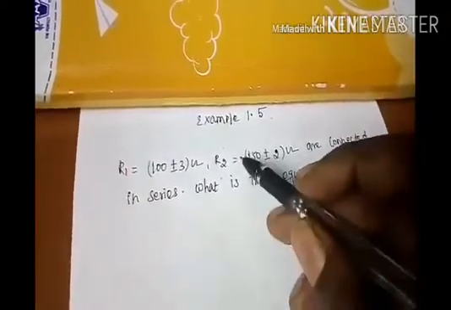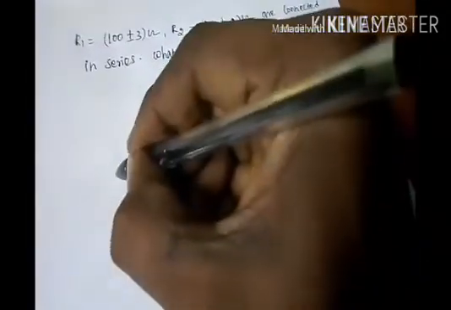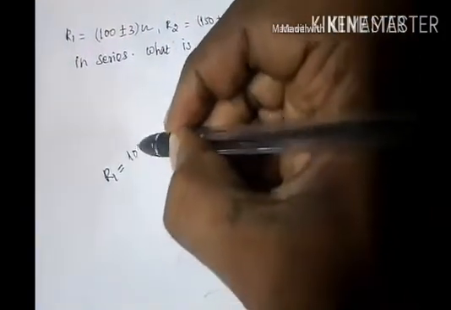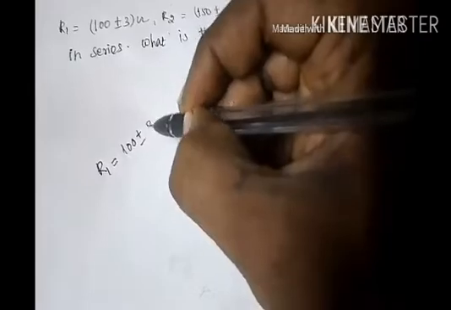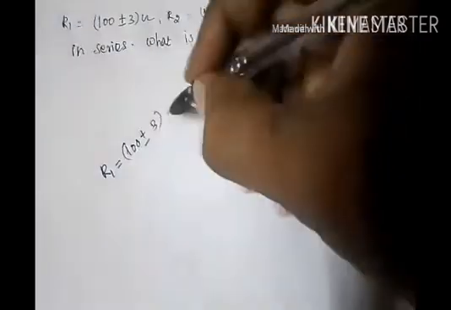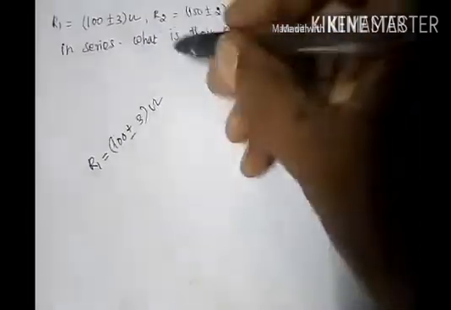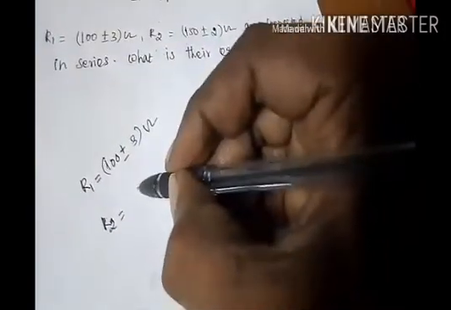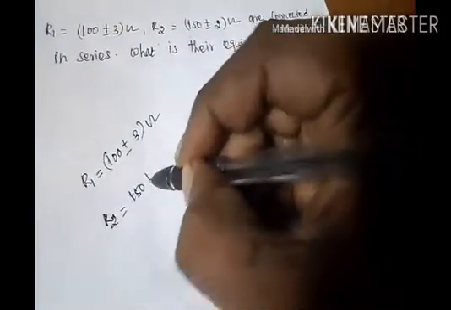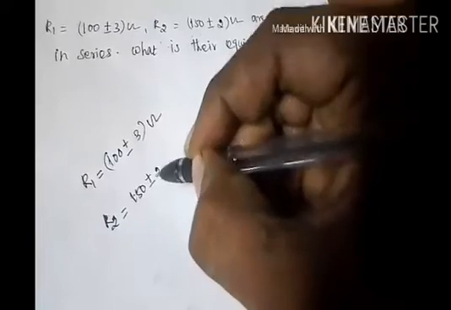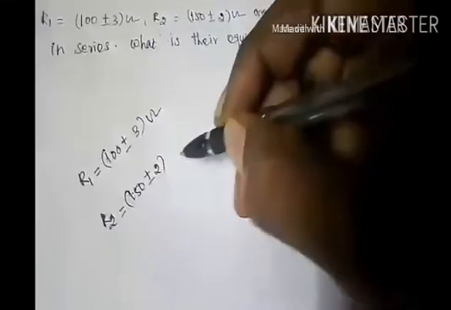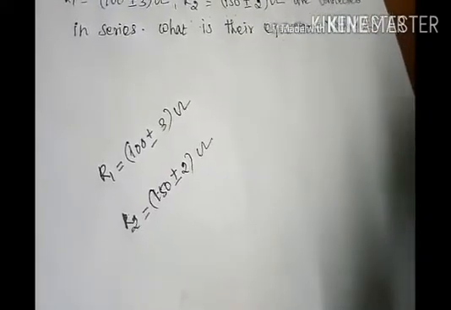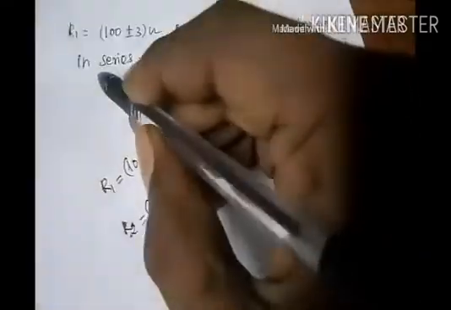So what is given here is R1 equal to 100 plus or minus 3 ohm and R2 equal to 150 plus or minus 2 ohm. What does the problem say? Both resistors are connected in series.